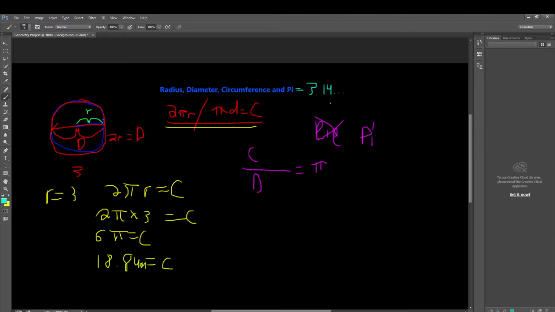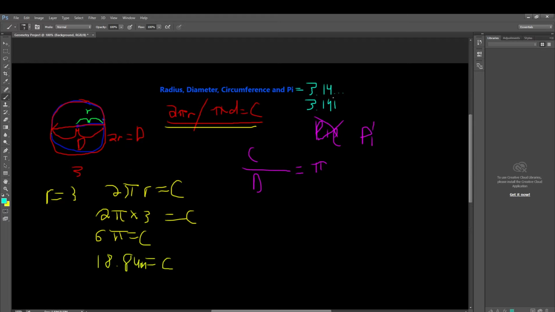Of course, as you get into complicated math, the problem could say pi to the thousandth, so tenths, hundredths, thousandths.